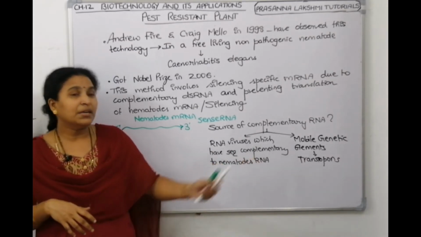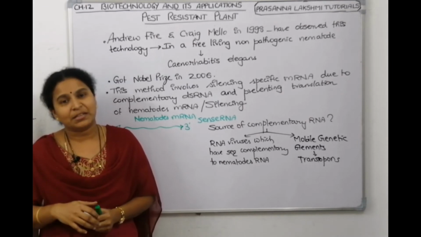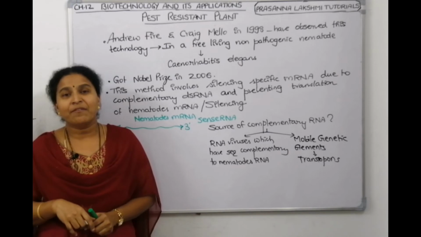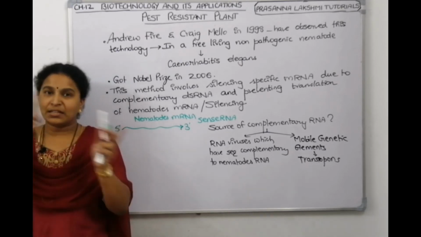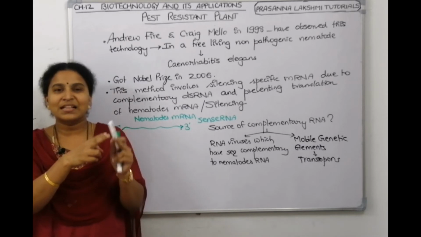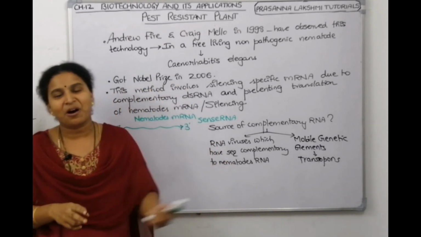The second possibility is mobile genetic elements, jumping genes. They are also called transposons. Every time they jump from here to another place, they make a new combination. They will not stay there; from there also they will jump to a new place and make a new combination.